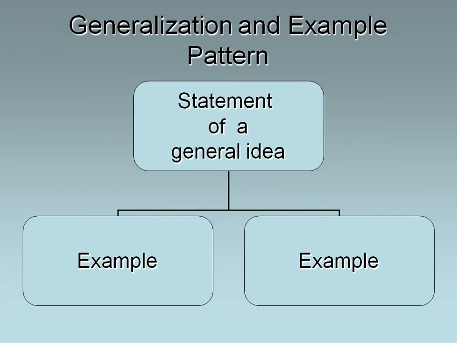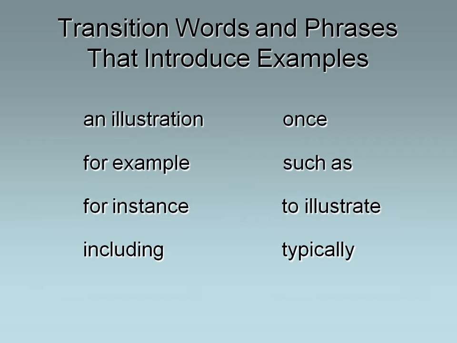This graphic illustrates how examples follow a general statement to make the statement clear. Example words that signal an author is giving an instance of a general idea are shown. Read the list of words and phrases that introduce examples.